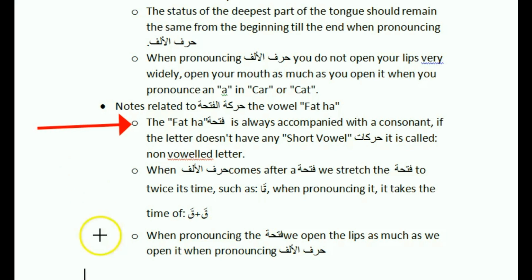Note number 2. When harf al-alif comes after a fatha, we stretch the fatha to twice its time, such as qa. See, I gave the time of the two letters here. When I'm saying qa, let's see here.